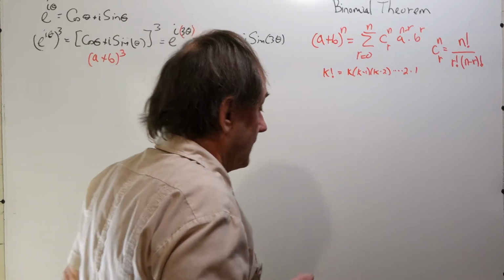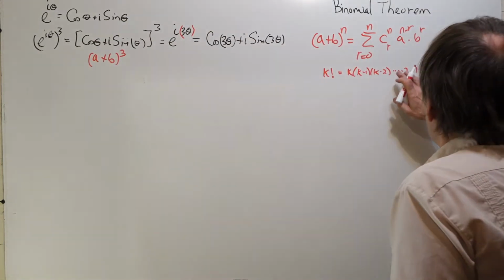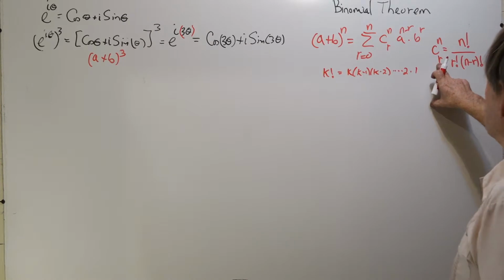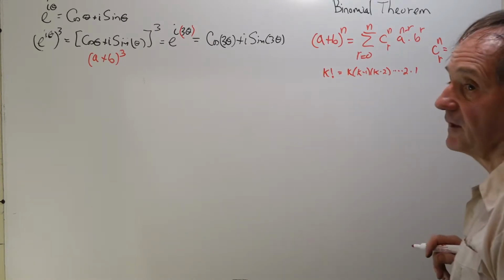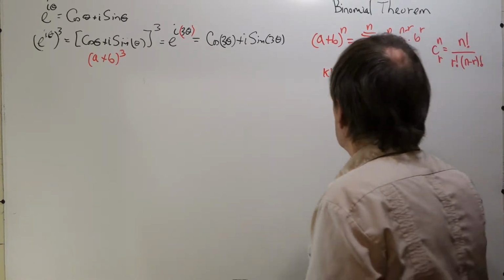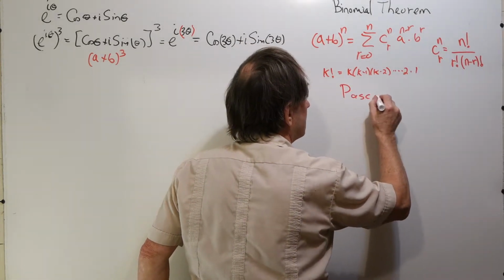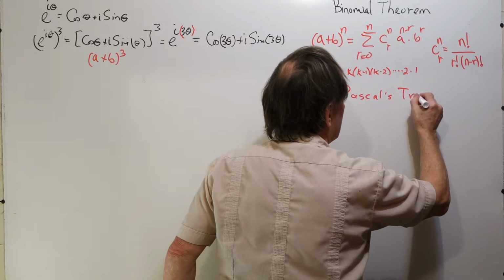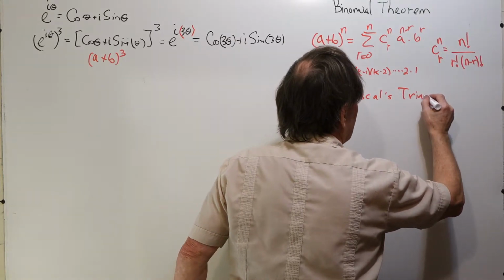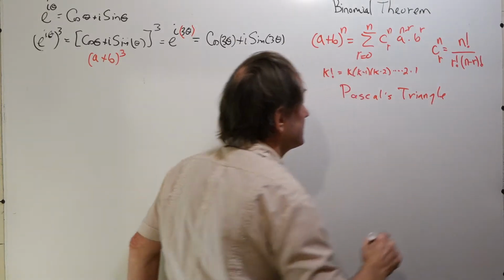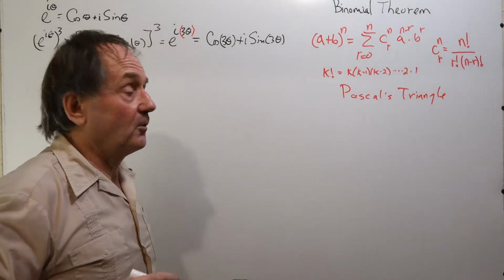Now, it turns out that there's an easy way to get these coefficients without having to compute the factorials for the combination. We use what's called Pascal's triangle. And Pascal's triangle gives the coefficient for a binomial expansion.